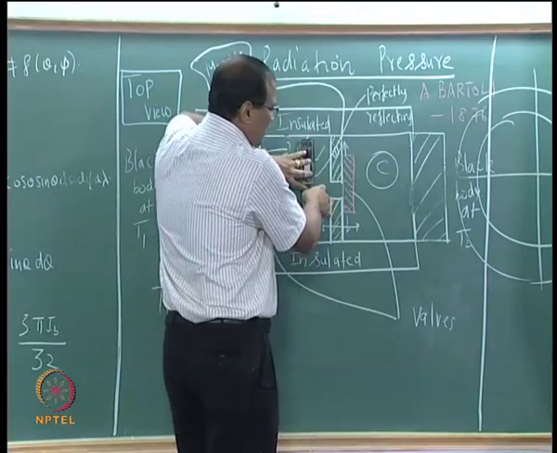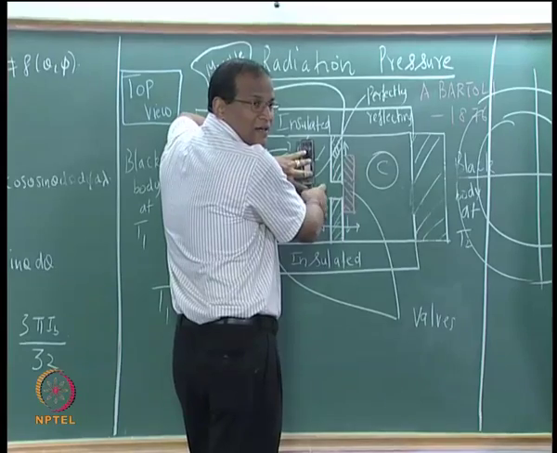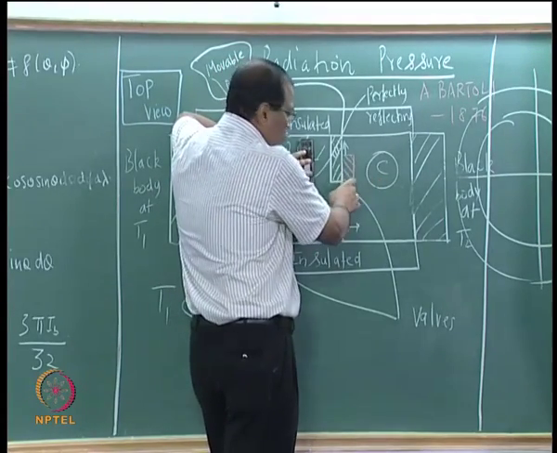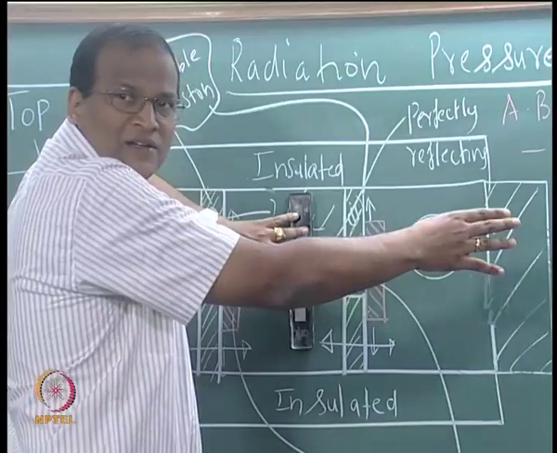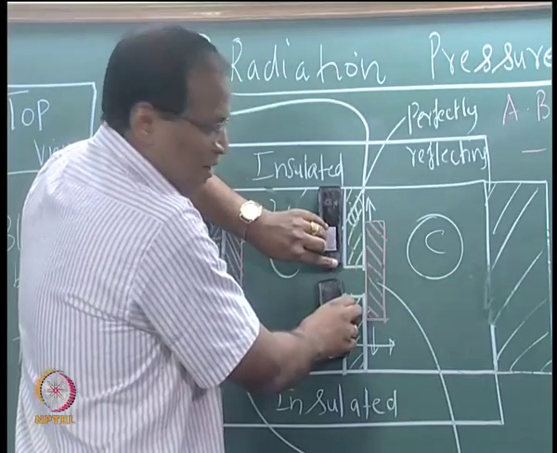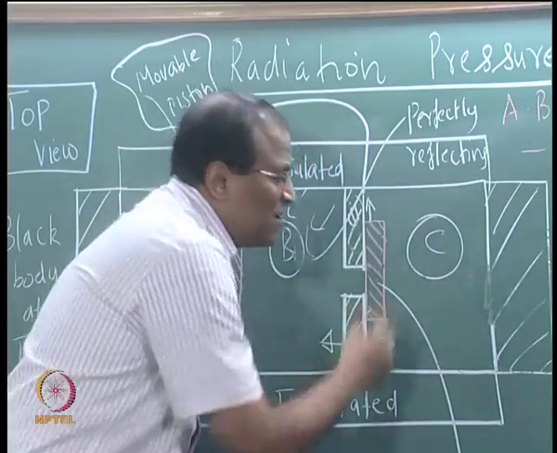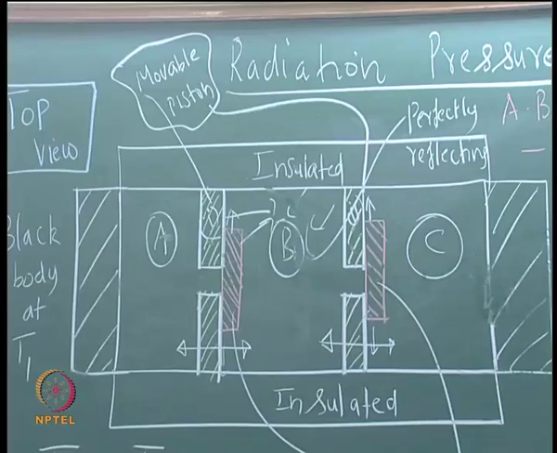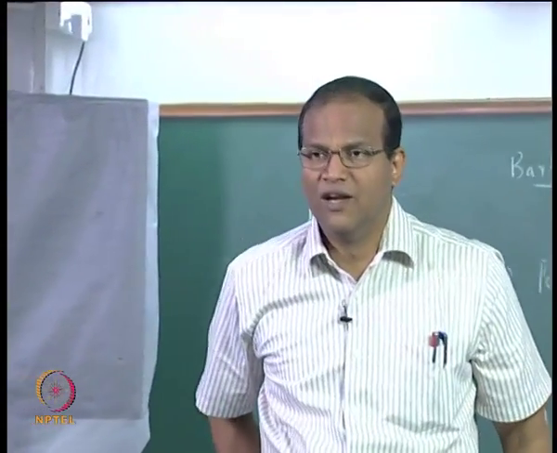What is the radiation energy density corresponding to this? T2. Now you open this, and everything is moved towards T2, such that the radiation energy density is pushed, everything is pushed to the black body at T2.